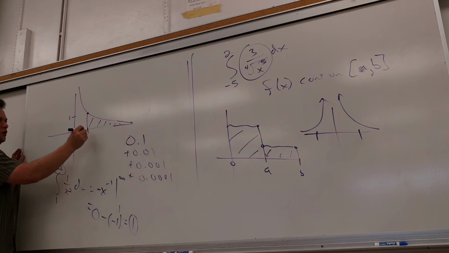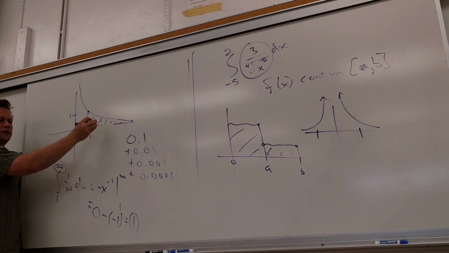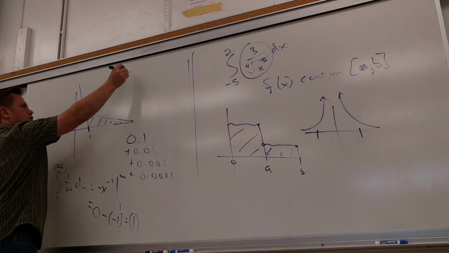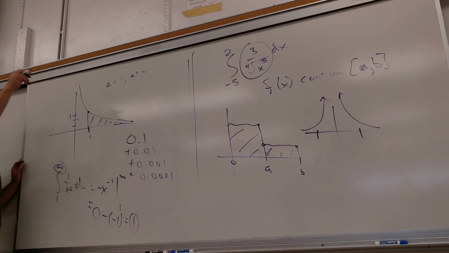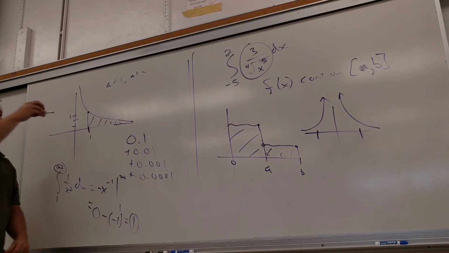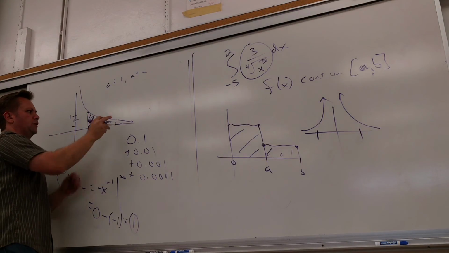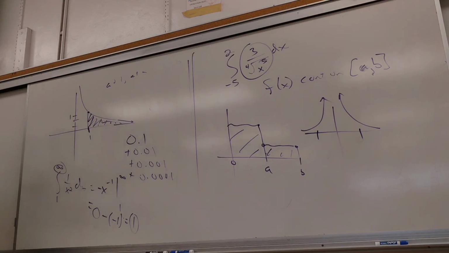If I was dealing with just certain parts of this, at 1, at 2, I would just be dealing with 1, 1/4, 1/9, 1/16. Kind of with me? I would just be adding those up. But this integral adds up all of the values. So an integral gives you kind of an overestimate of what the series would sum to. Anyway, that's it.